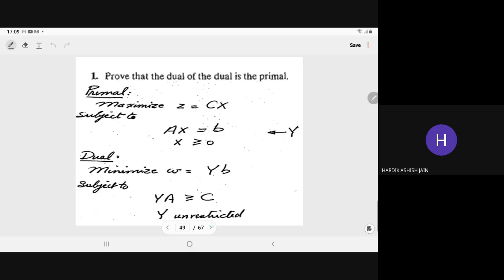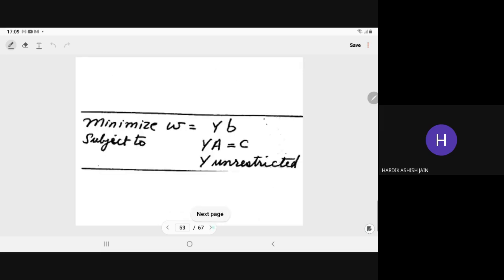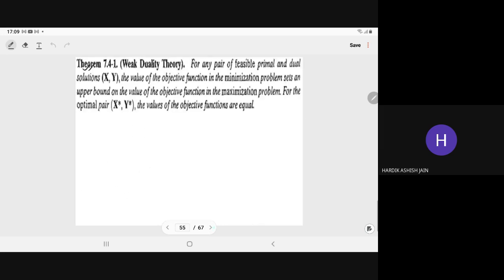So using this problem, when we have maximize z = cx subject to Ax = b and x ≥ 0, its dual will be minimize w = yb subject to yA ≥ c and y is urs. Your display is okay.